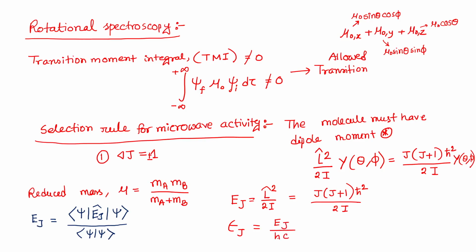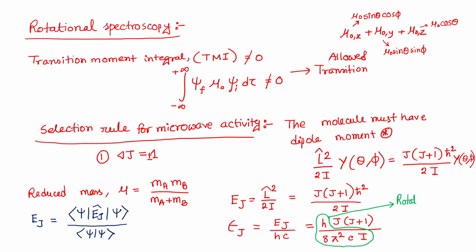That divided by your Planck constant multiplied by your speed of light in vacuum gives J into J plus 1 times h divided by 8 pi square C I. This term, 8 pi square C I, is known as a rotational constant.